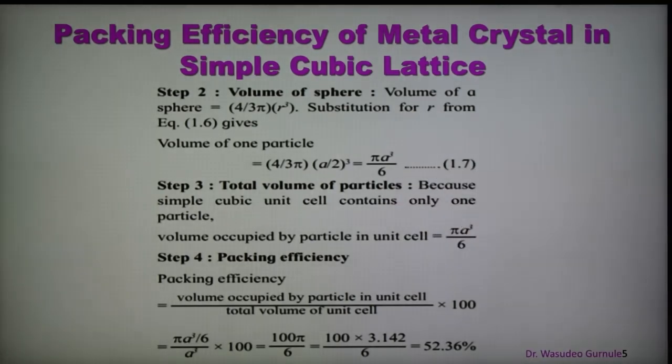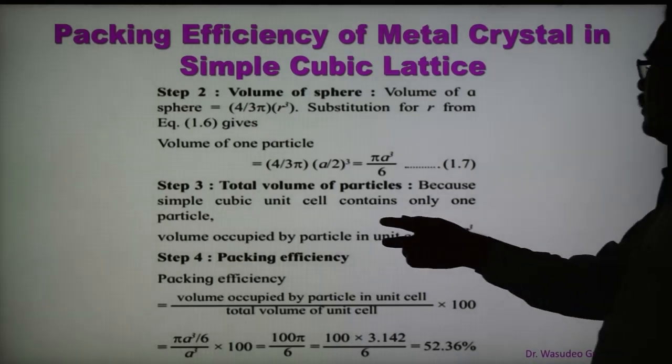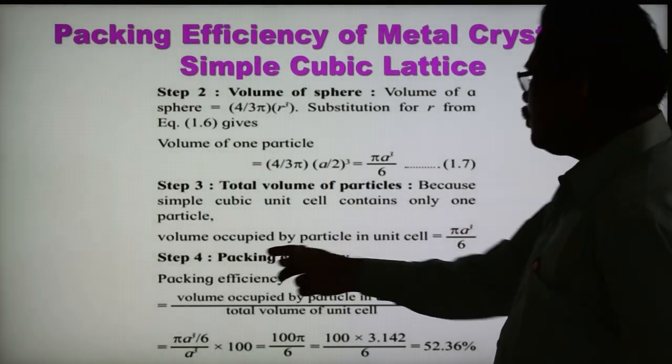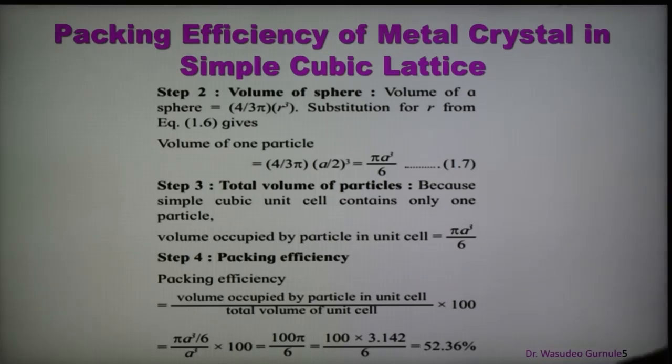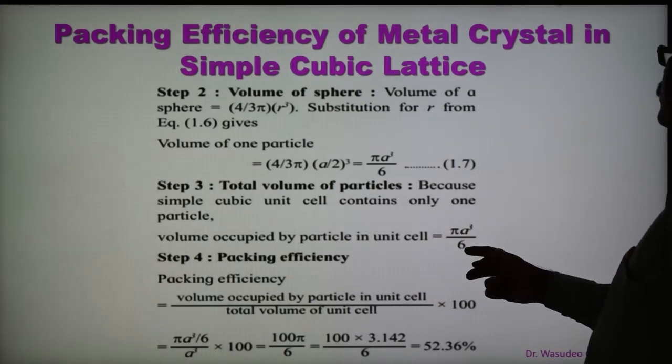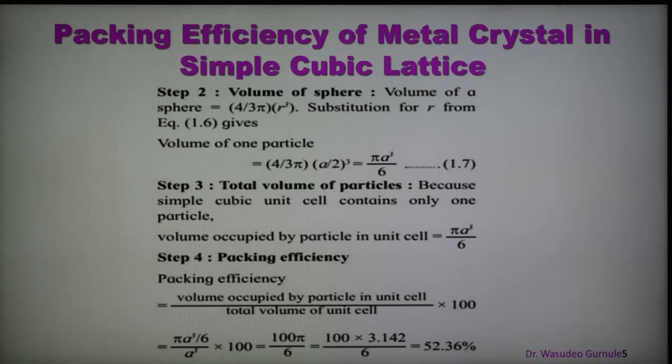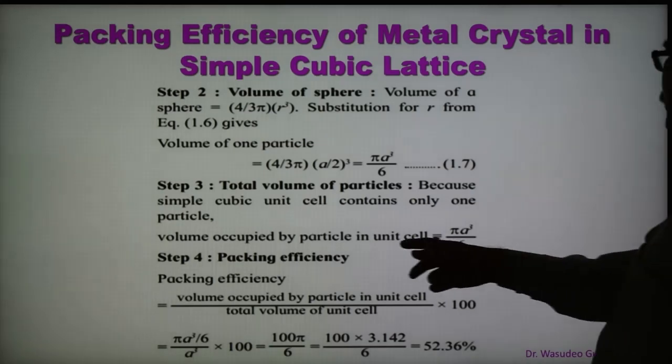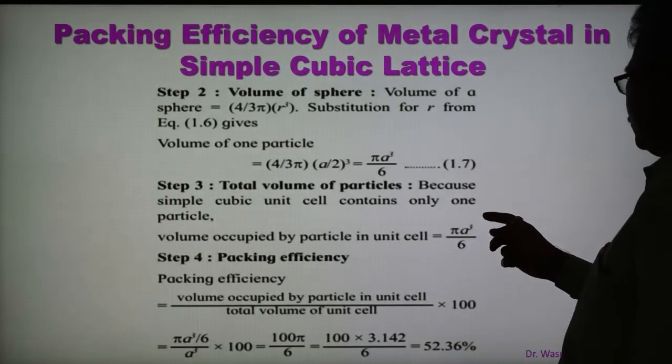Now the total volume of the particle: because a simple cubic unit cell contains only one particle, as we have seen initially, therefore the volume occupied by the particle in the unit cell equals pi a cube upon 6.